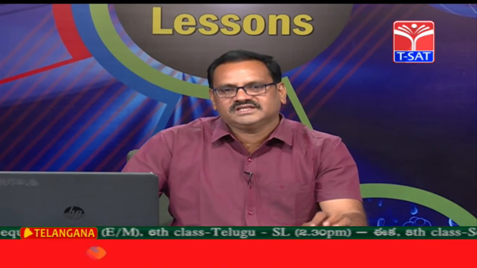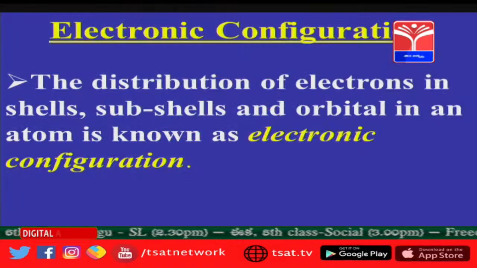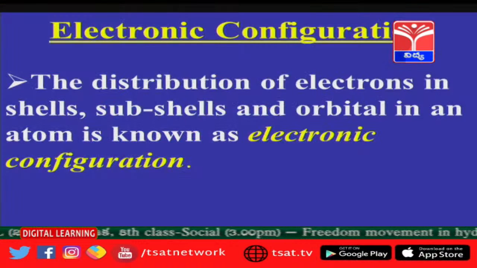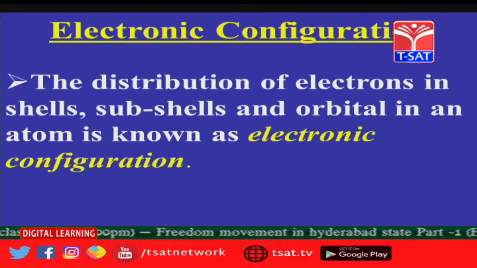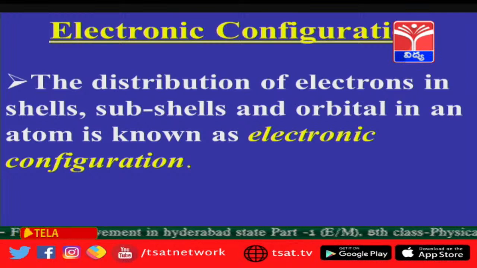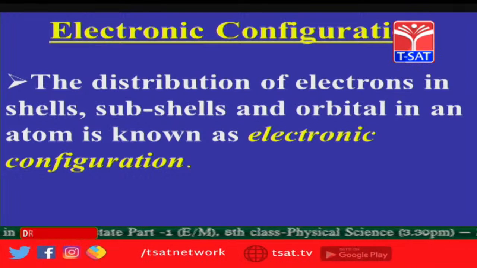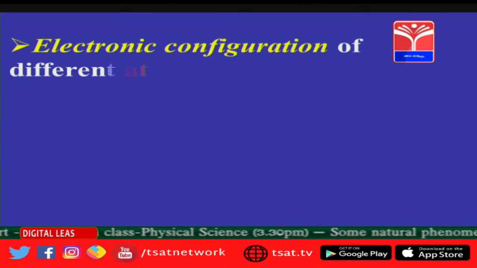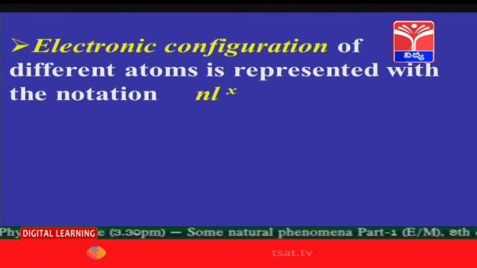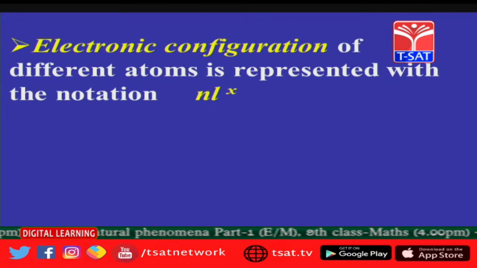So, now see that electron configuration. The distribution of electrons in shells, subshells and orbitals of an atom is known as electron configuration. Electronic configuration of different atoms is represented with the notation nL^x.